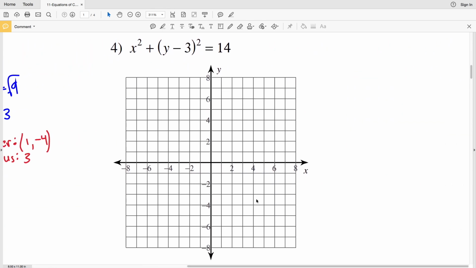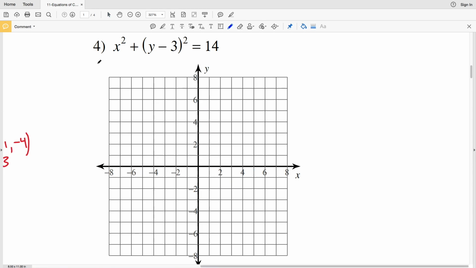And lastly in this video, I'll go over number 4. Remembering our formula, (x - h)² + (y - k)² = r². Our h value is actually going to be 0. Since we have x squared, x minus h, if h is 0, that's x minus 0, which is x squared.